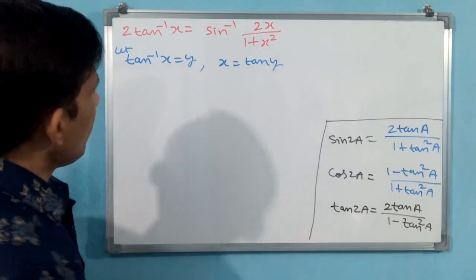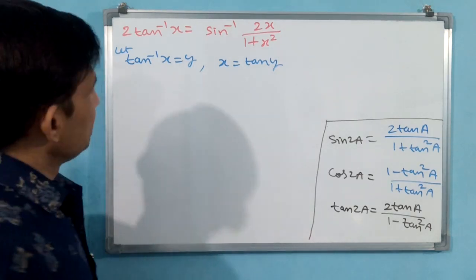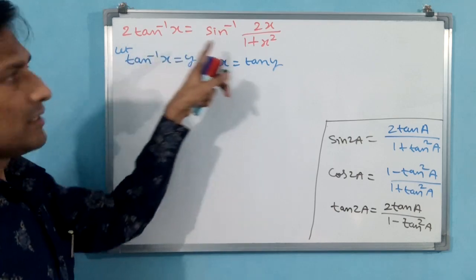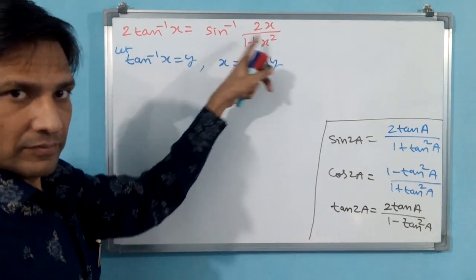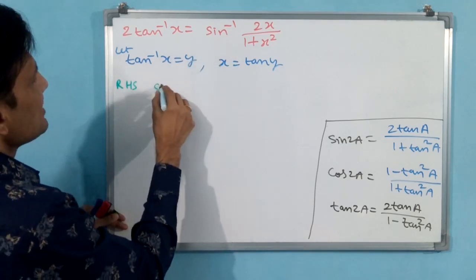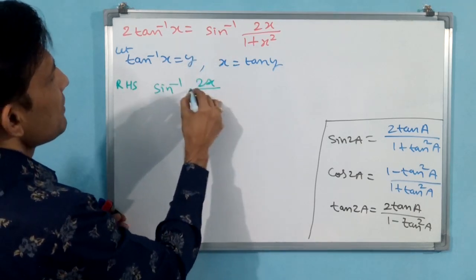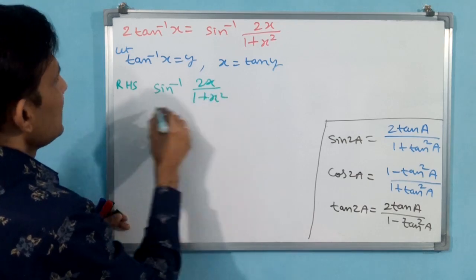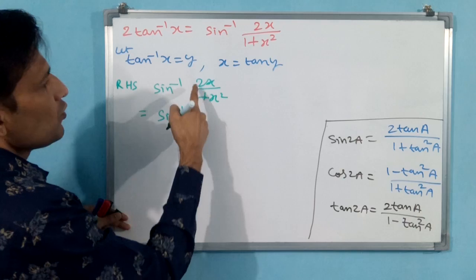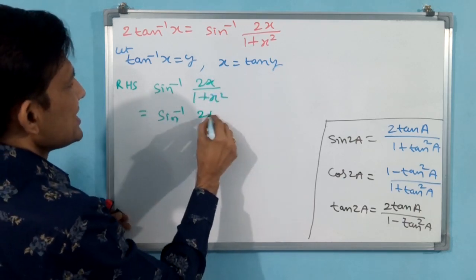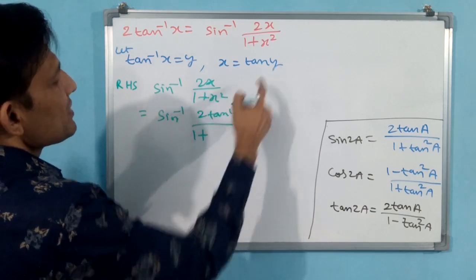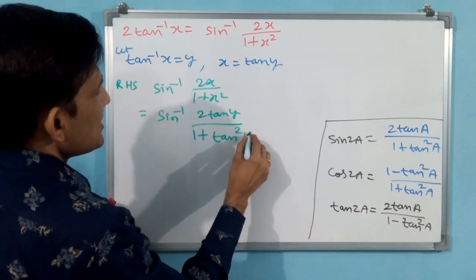Now how I am converting this formula, you see. 2 tan inverse x I am not taking, but I am taking the RHS, sin inverse 2x by 1 plus x square. I am making this sin inverse only, but 2x means 2 tan y, and 1 plus x square means 1 plus tan square y.